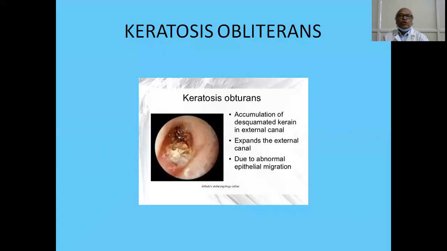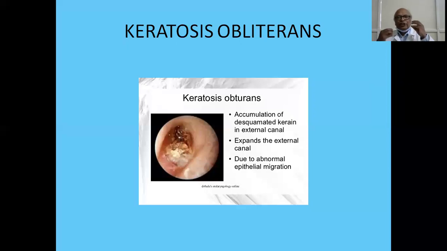Now, the most common complaint with which a patient comes to you is wax, impacted cerumen. Cerumen, as we know, is a colorless, odorless liquid. It is secreted by the ceruminous glands, which are modified sweat glands inside the external canal.